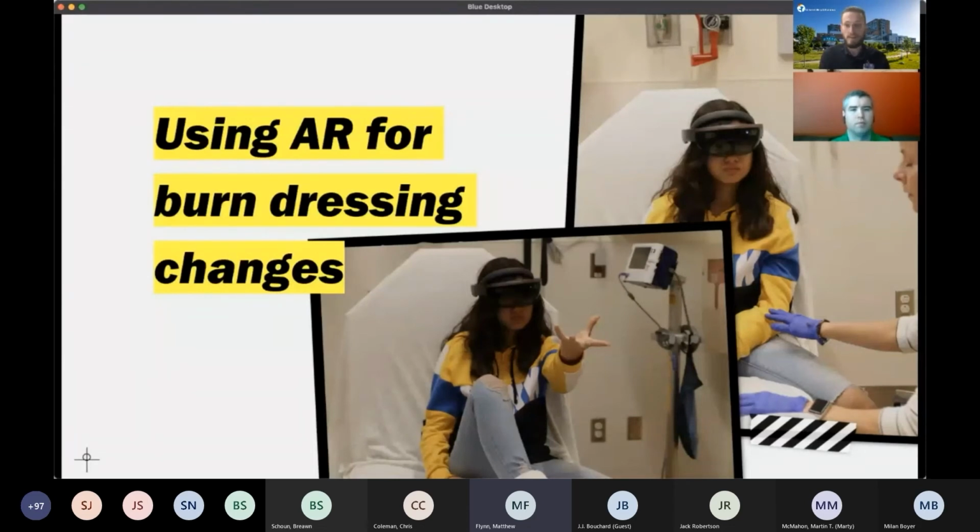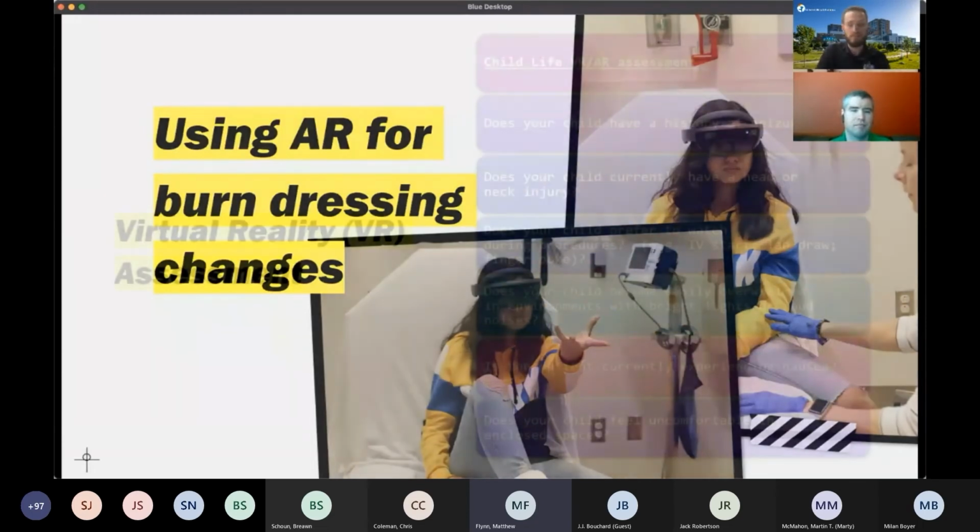They use VR, they can endure the bandage changes, they can endure the pain, and sometimes they don't even want to leave the clinic because they're having so much fun using the VR headset. So it's a very, very interesting, cool use case for this technology.